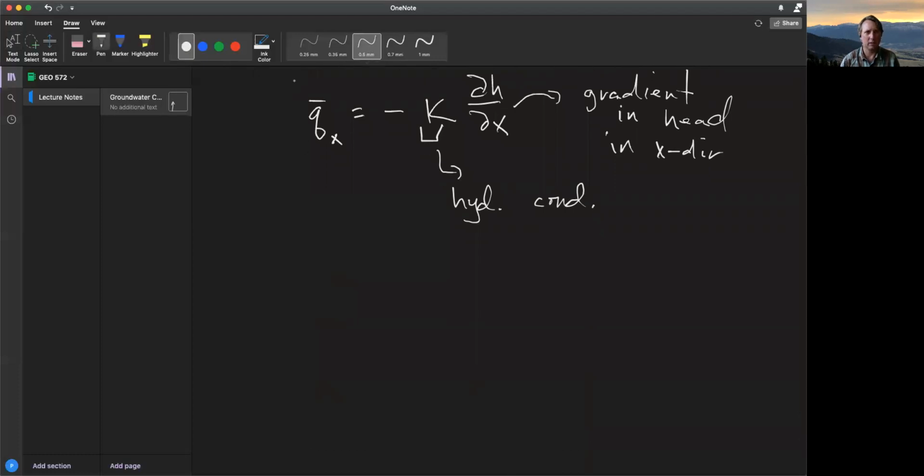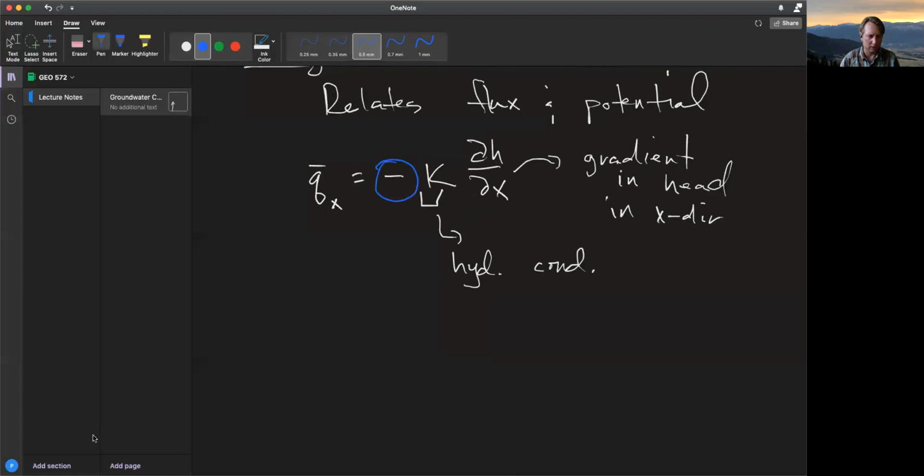All right, let's deal with this negative sign. Let's draw ourselves another plane here. We are interested in the flux between a point over here and a point over here on our plane.